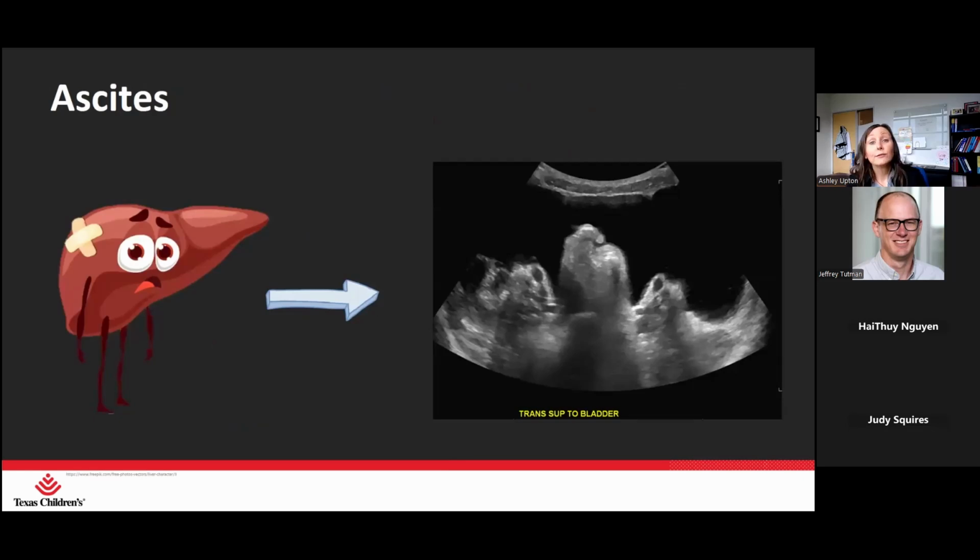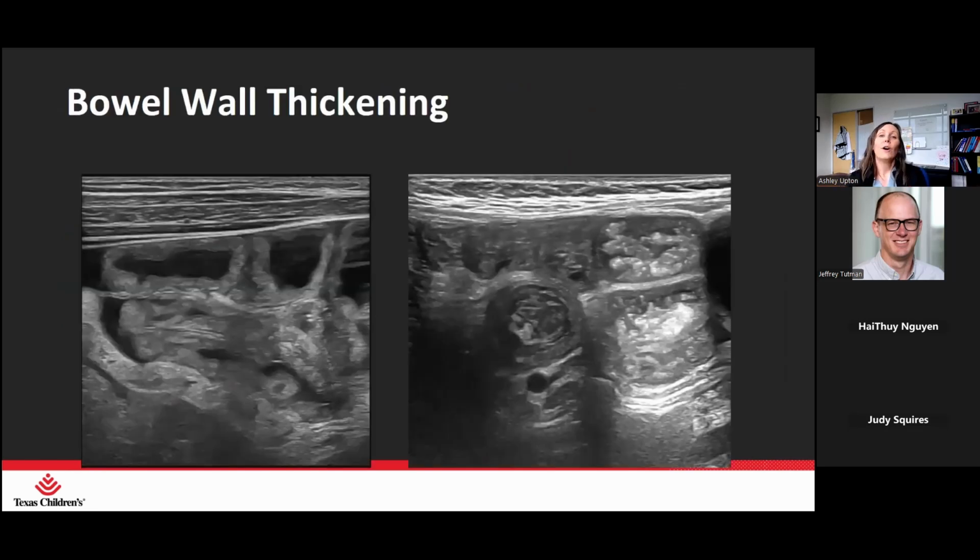So ascites or free fluid is something to always assess in patients with liver problems. Just quickly glance at the area of the bladder, the right and left lower quadrants. With portal hypertension, the increased pressures can cause fluid to leak out of the vessels and into the abdomen. And you can also get bowel wall thickening with portal hypertension.